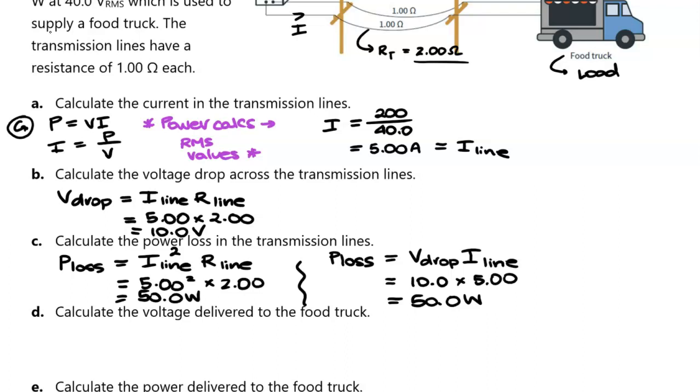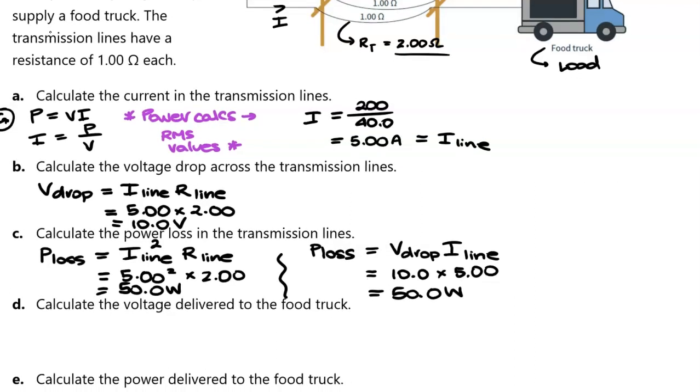Is there another way we could have done it? Oh, we had that other equation for power. Remember, we also had P equals V squared over R. So we could have P drop equals V drop squared over R. So V drop would have been 10.0 squared over R. Resistance was 2.00. So that also would be 100 divided by 2, so 50 watts.